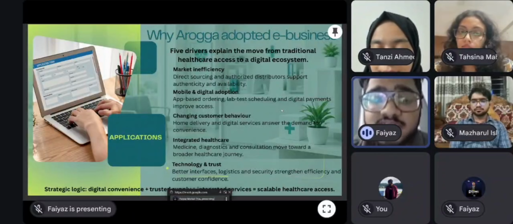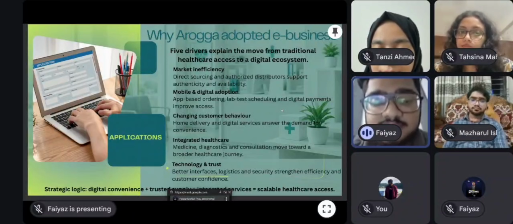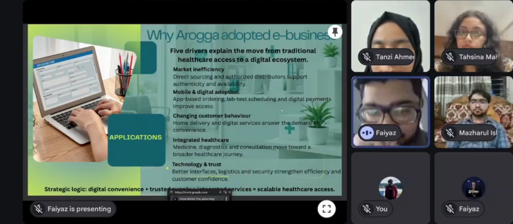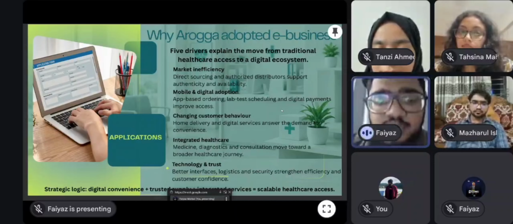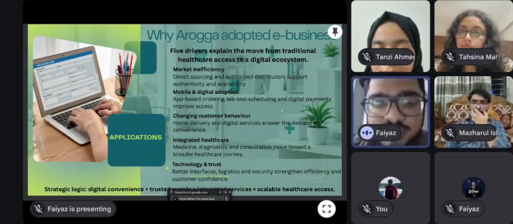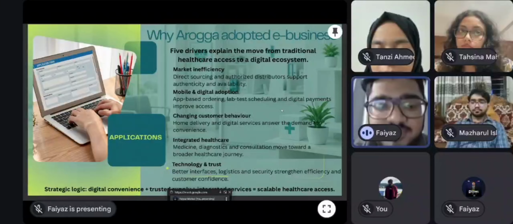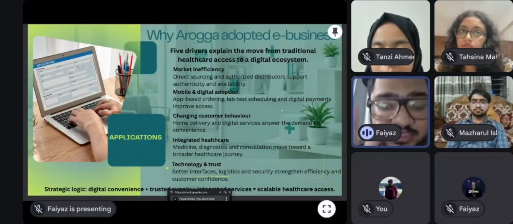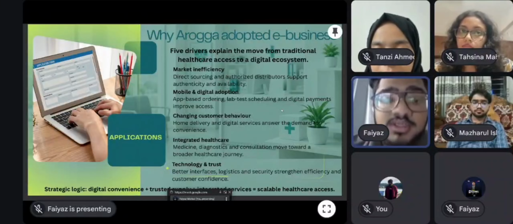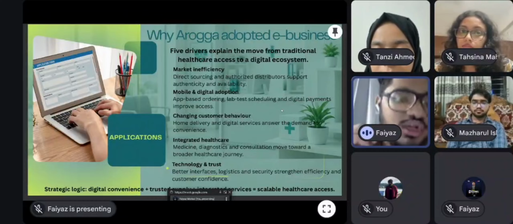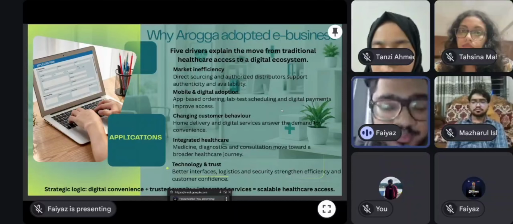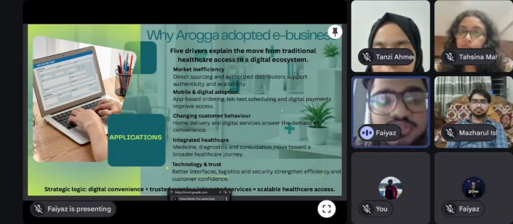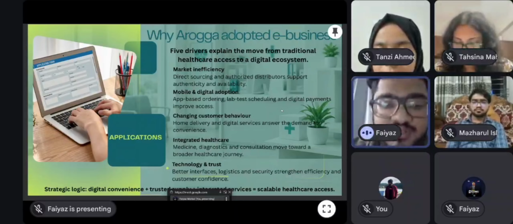The fourth is integrated healthcare. Healthcare is moving beyond simply purchasing medicine. Customers may also need diagnostics, consultations, and other related services. The fifth driver is technology and trust. Better digital interfaces, logistics, and security can improve efficiency while also increasing customer confidence.